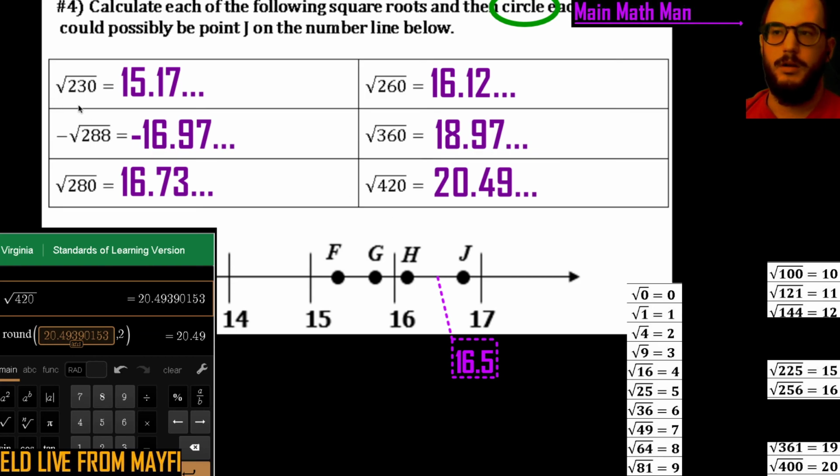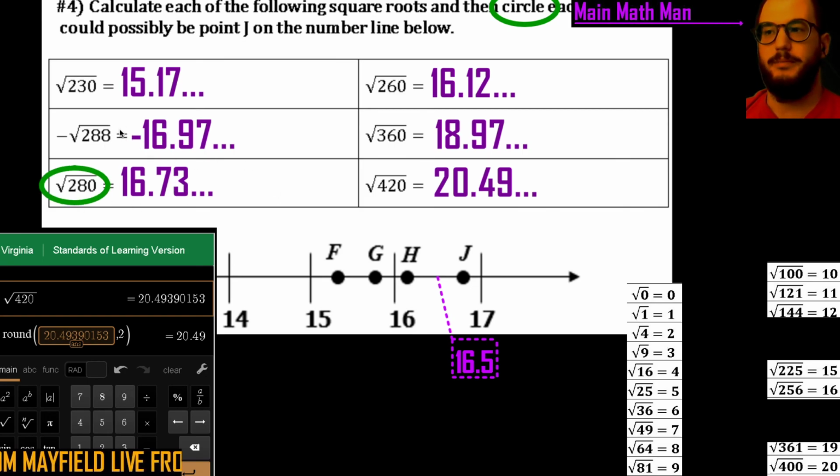So I need something a little bit above that, but the only number that is above that and is positive is going to be the square root of 280. So make sure you're saying, again, it has to be this value. A lot of people like to put this value because it's the first one they see. That is wrong. That's a negative number. It's on the complete other side of that number line. So make sure you are very careful on those values.